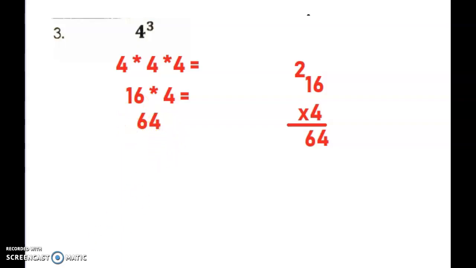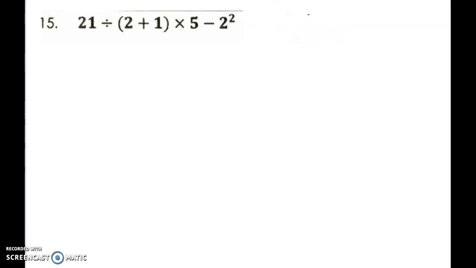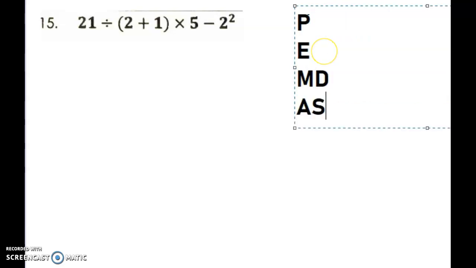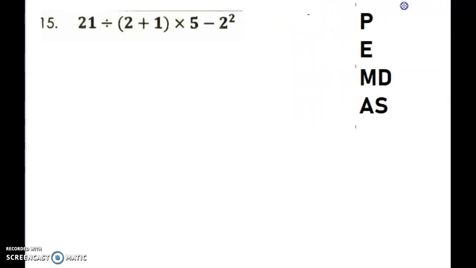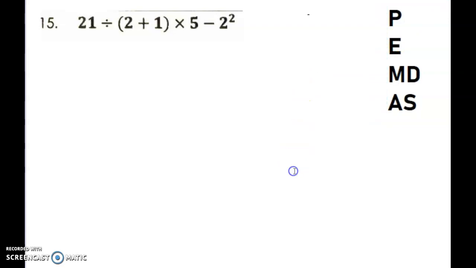That was number 3. All right, this is the last one I'm going to do. This is number 15. I have this long one, so I'm going to again write PEMDAS as my little checklist here. And then I'm going to work it out. So do I have parentheses here? I sure do, right? I have it right here. I'm going to underline it this time. So I'm going to do that first.